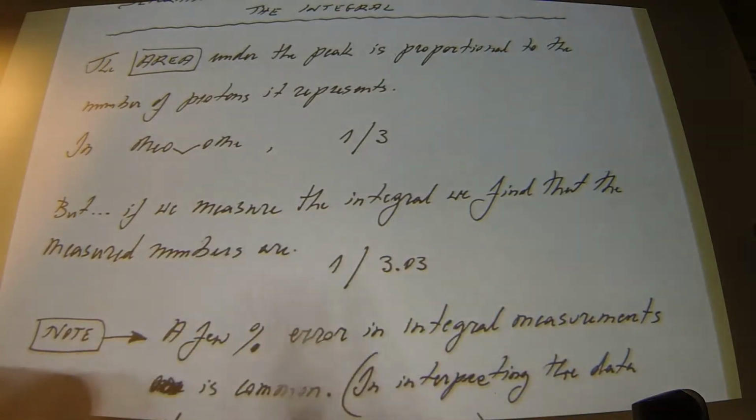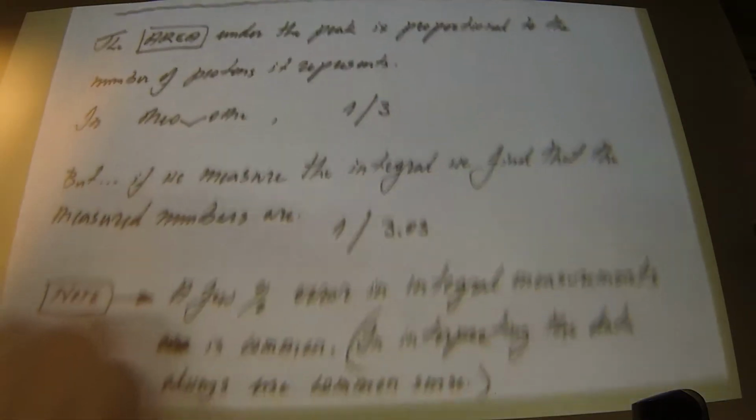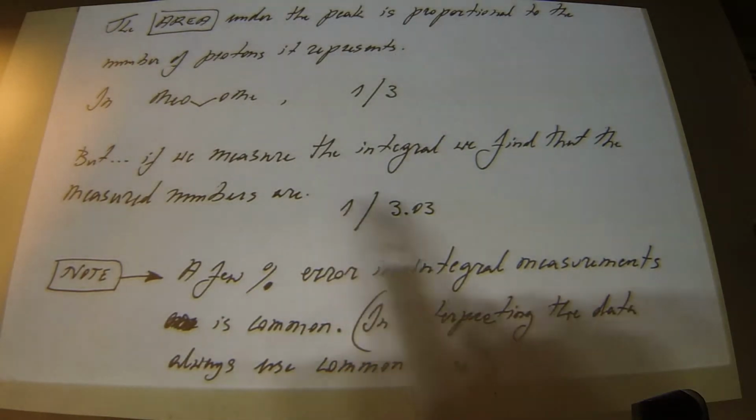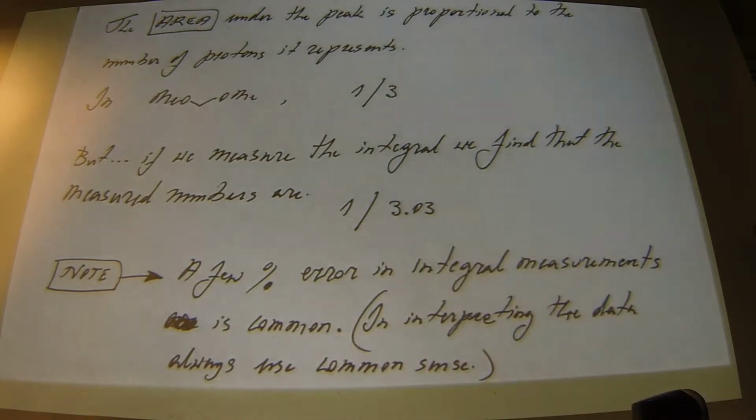So now you need to be a little bit clever here. If you measure the integral, you find that the numbers are, say, 1 to 3.03. They don't usually come out spot on the nose, right? Sometimes they're off by a little bit. Why is that? Well, because there's noise in the spectrum, and there are little sources of error and whatnot.